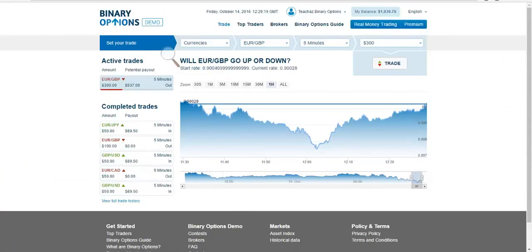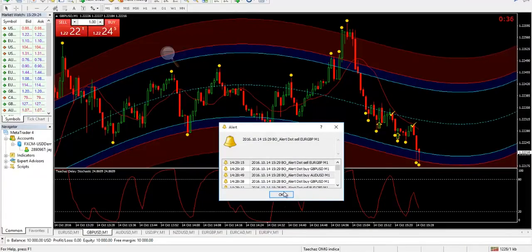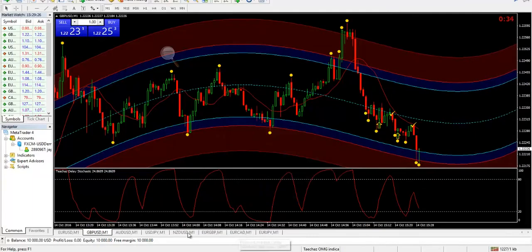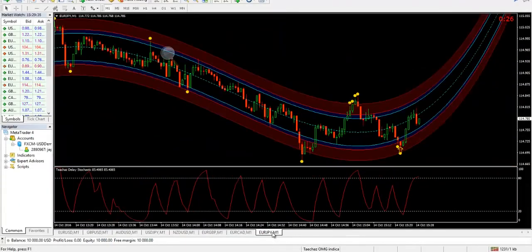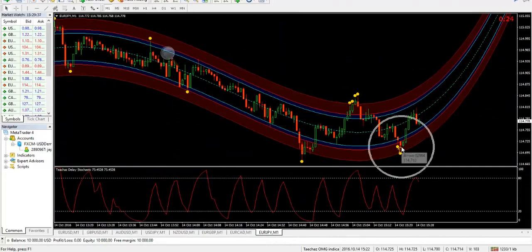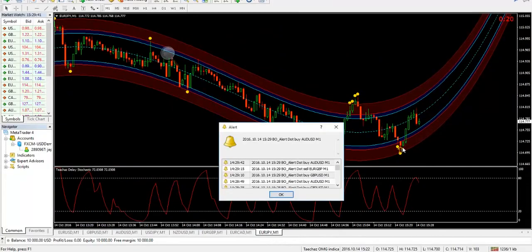Euro GBP, let's see. And also another trade that we had was Euro GPY, which is this one here. You can see it was in the money all the way from the beginning, which is 1, 2, 3, 4, 5. It expired here. This was in the money.